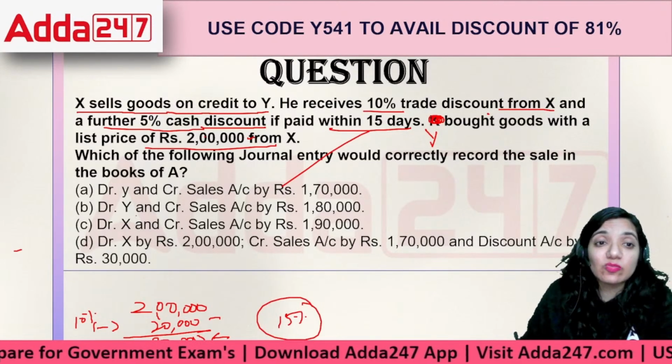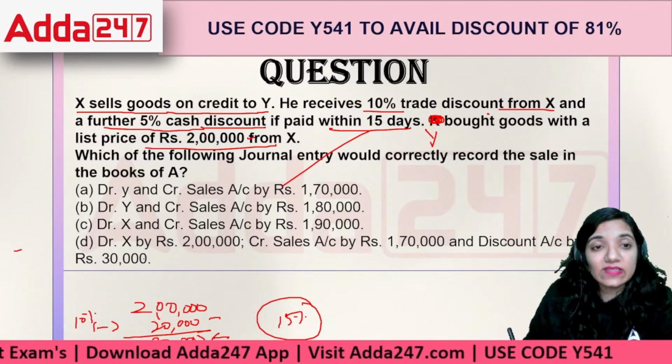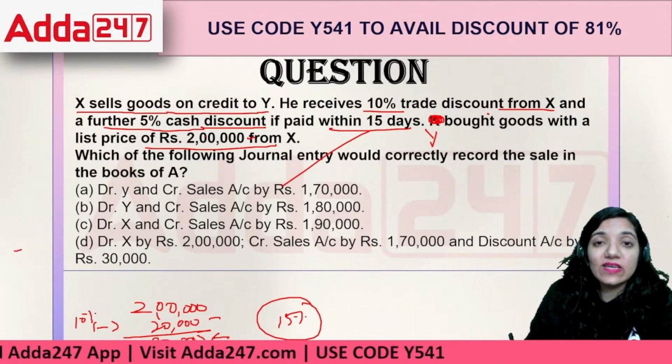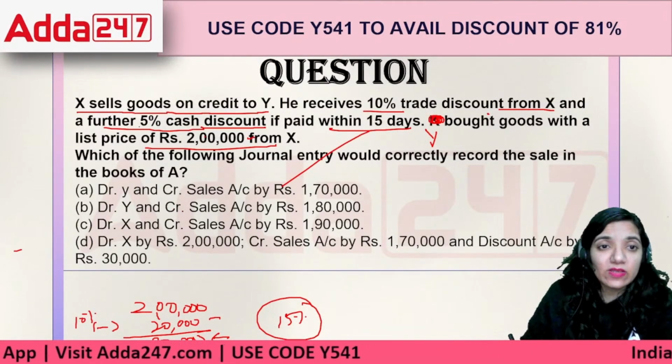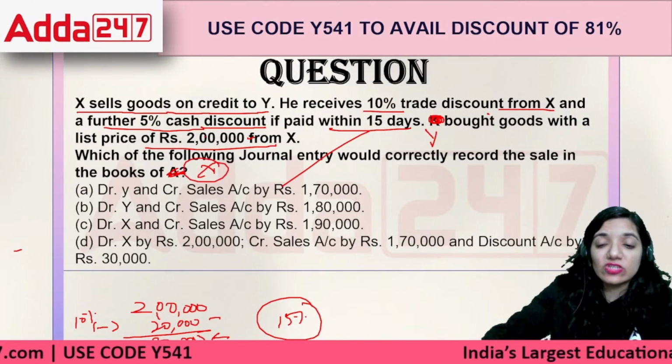So in this case, X is making sales to Y, right? So basically, what would be the journal entry noted in the books of X in this case?